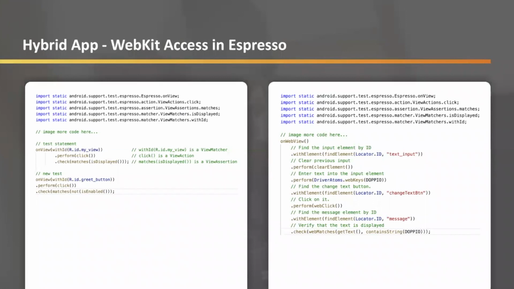Okay, as I mentioned earlier, Espresso is the Android framework for UI automation. Here on screen you can see some sample snippets to demonstrate how to handle native and web elements in an Android app. In Espresso, no separate code is needed for switching context from native to web view.